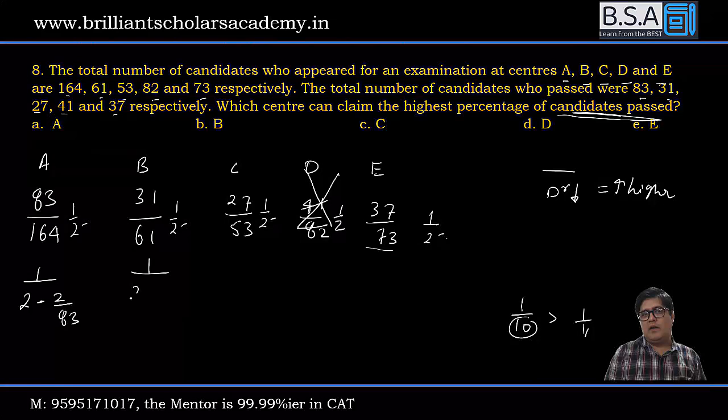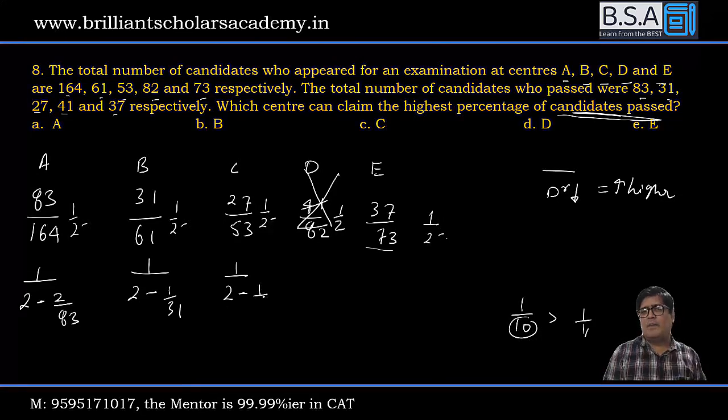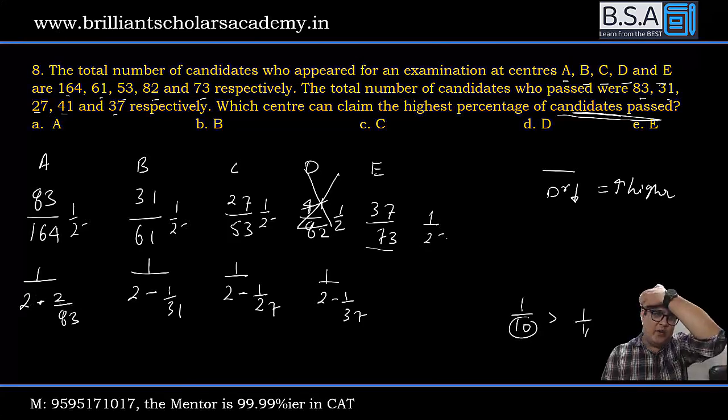1 upon 2. What is double of this? 62. How much less is it? 1 upon 31. 1 upon 2 minus, just one more second, 1 by 27. 1 upon 2 minus 1 by 37. Do you see what is there everywhere? 2 minus something.